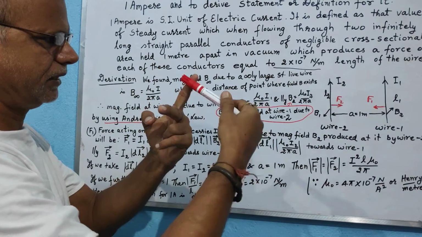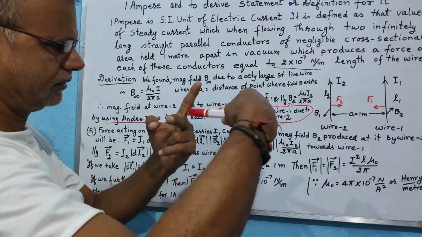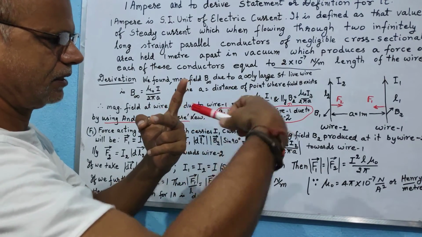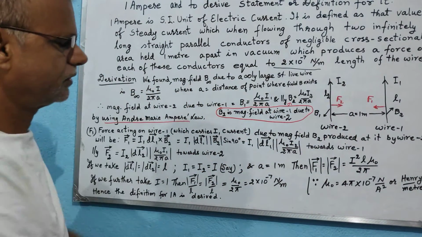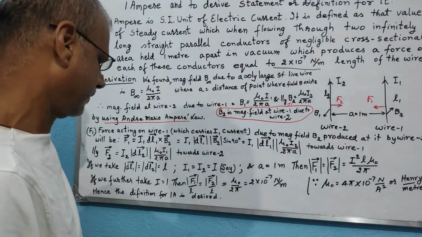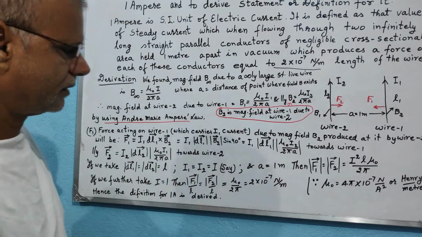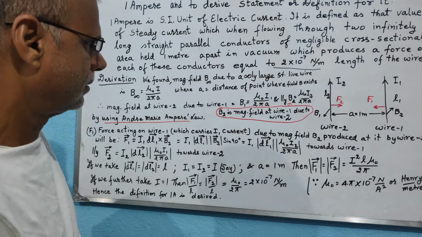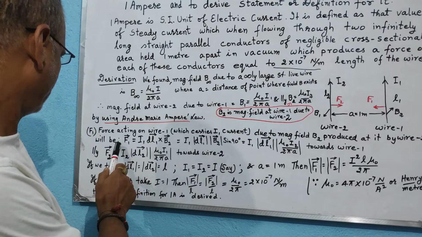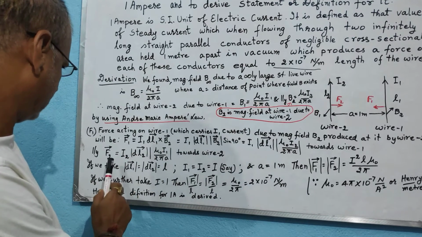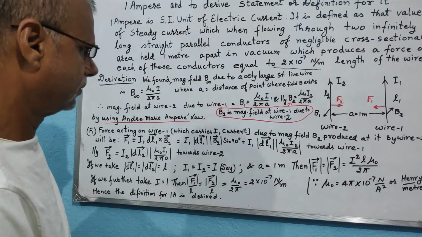You move from dL2 to B1, it moves away from me, that means towards wire 1. F1 is the force acting on wire 1, so F2 is the force acting on wire 2.